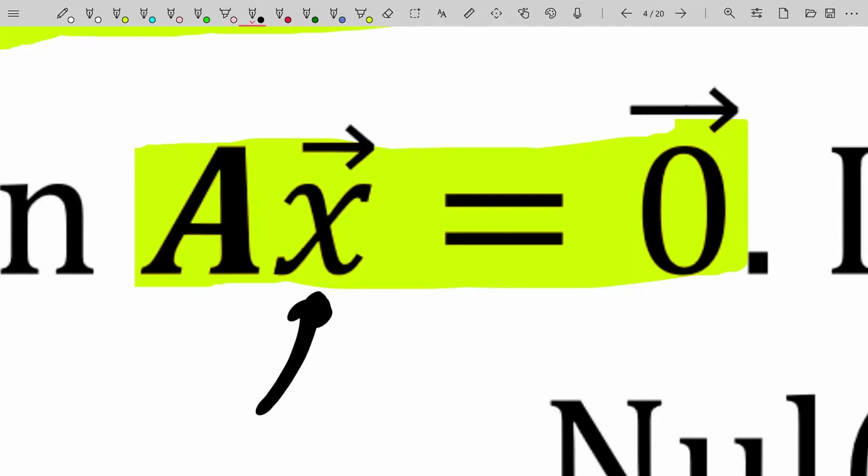And if you want to write an explicit description of that set, just solve the homogeneous equation, write the vector form of the solution to the homogeneous equation, and those vectors that create the vector form will become what we call the spanning set for our subspace, the null space of A. And remember, subspaces are vector spaces as well, so the null space of A is also a vector space.